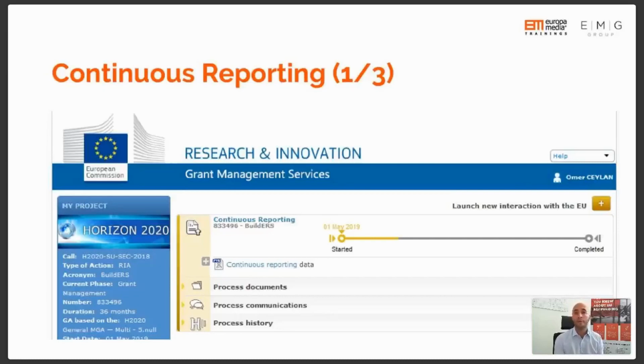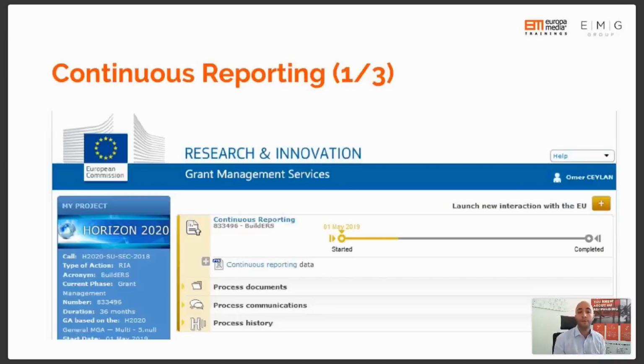Before that, another module was available, if you remember. That's the grant agreement preparation module, which facilitates the grant agreement preparation process. It allows you to upload data and sign the grant agreement. Everything is online, as you might already know. And then project implementation and management, grant management, as they call it here, is also conducted online.